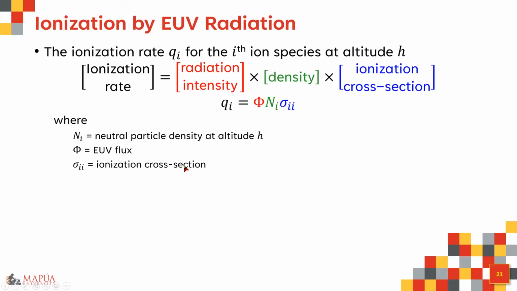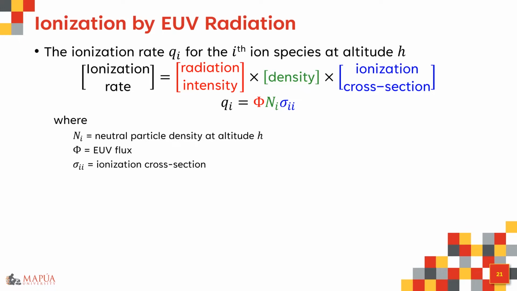Okay, now because the energy flux varies with wavelength, the ionization cross section also varies with wavelength. That means the effectiveness of this neutral particle to be ionized by this radiation will also depend on the wavelength of the radiation. Remember that the wavelength and frequency of photons dictate the energy of that photon.